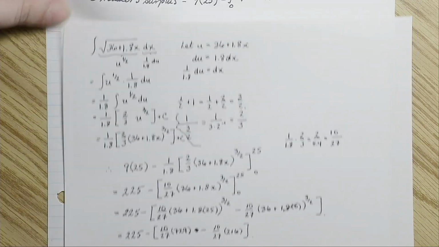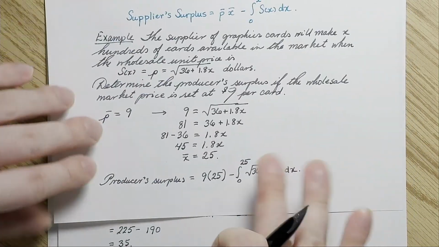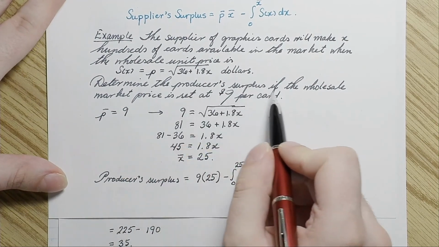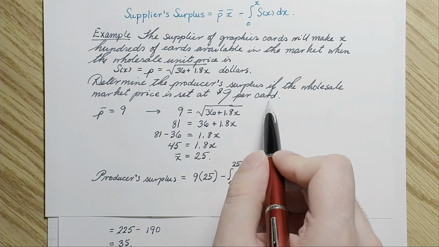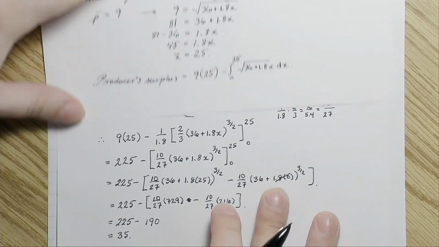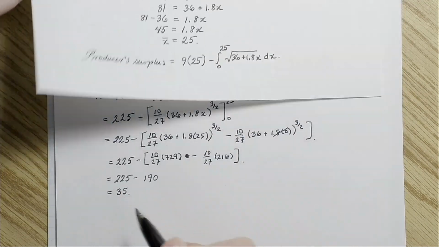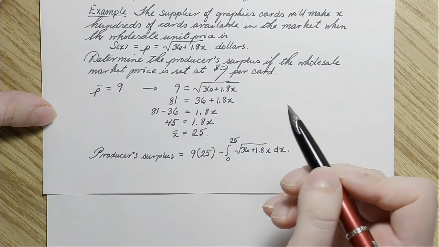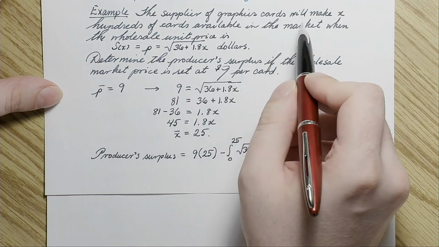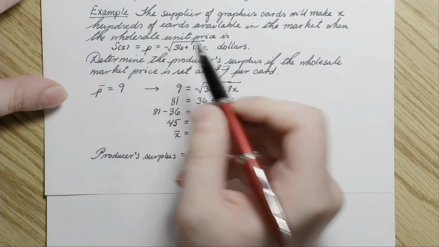So we're not quite finished yet, because the question says, determine the producer surplus if the wholesale market price is set at $9 per cart. Now, the surplus is 35, but that's according to this equation. We have to be very careful because it says x is in hundreds of carts.